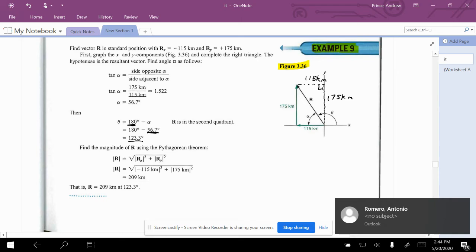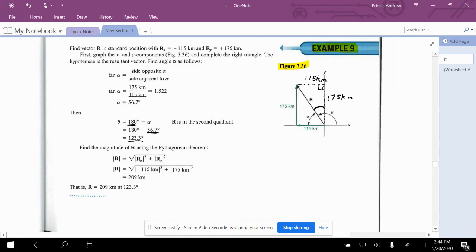And if I calculate my angle here, I'm going to get the difference of 56.7. So if I calculate my tangent from that perspective, these two values over here, the 175 and 115, they would have flip-flopped, because now I'm looking at the opposite over the adjacent from a different perspective. When this A angle was our perspective, the opposite was 175 and the adjacent was 115.